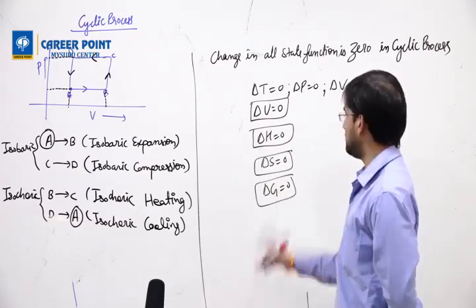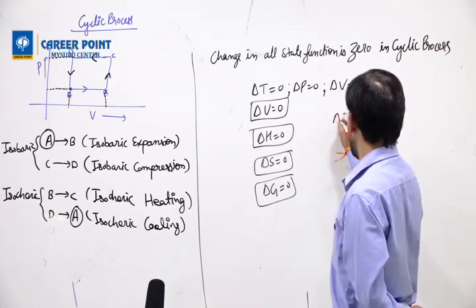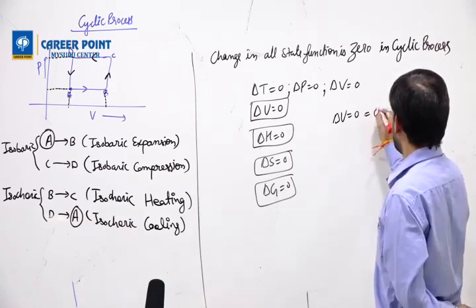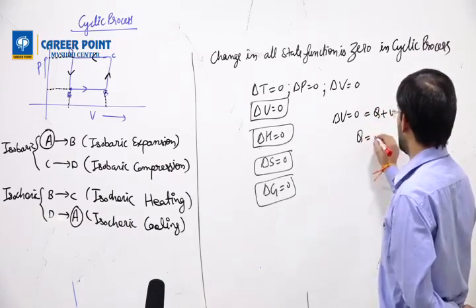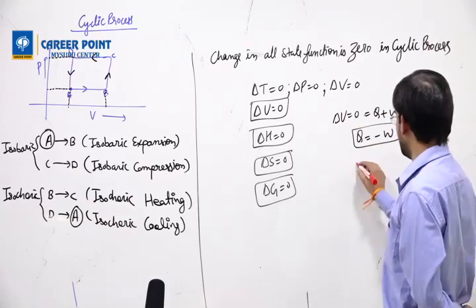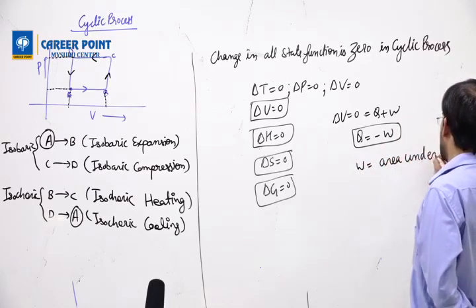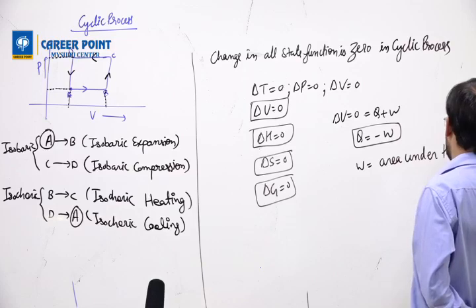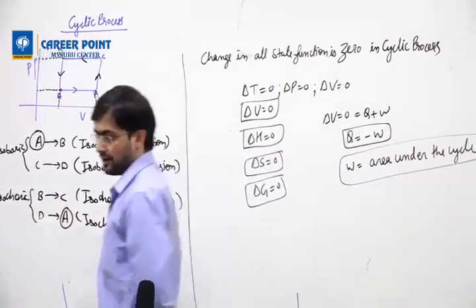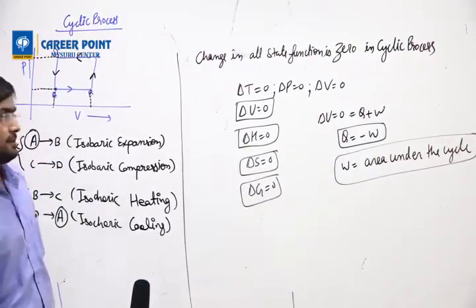Right? But I did not write two more. What are those? Q and W. So as delta U is 0, you have 0 equals Q plus W. So Q equals minus W. Then this W is known as the area under the cycle.